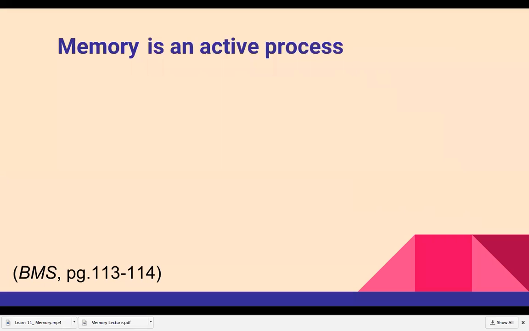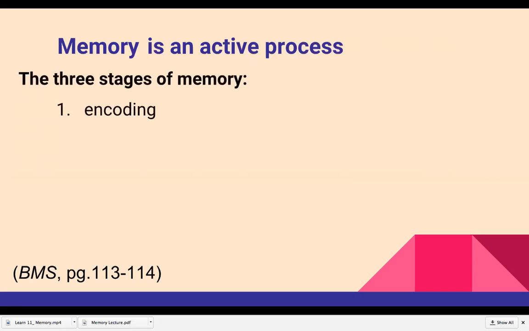And on page 113 to 114 of your textbook in Becoming a Master Student, the process of memory, or the 3 stages of memory, is not really explained, but it's introduced. So encoding would be the first stage. From encoding, we move to storage, and from storage, we move to recall.